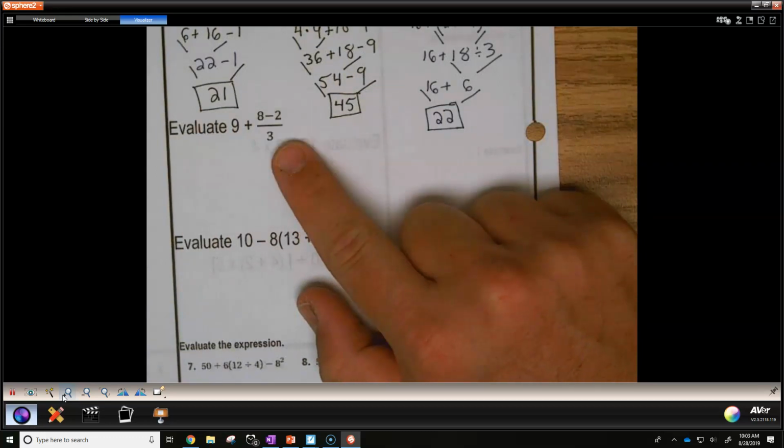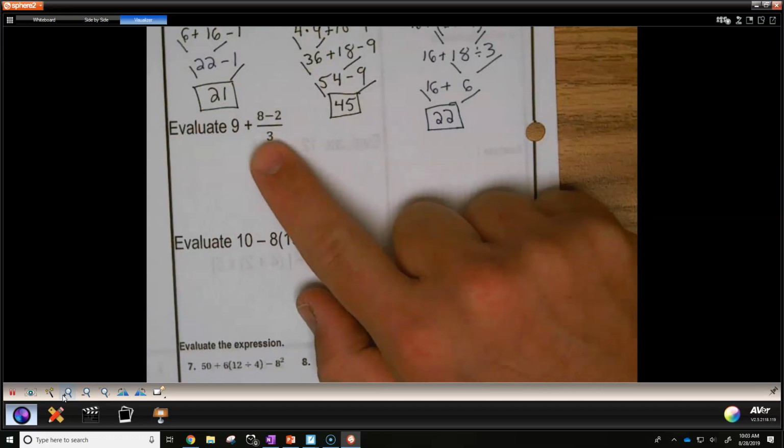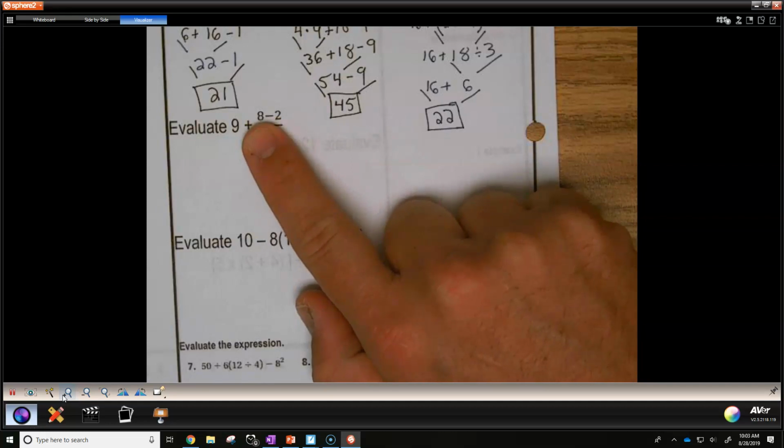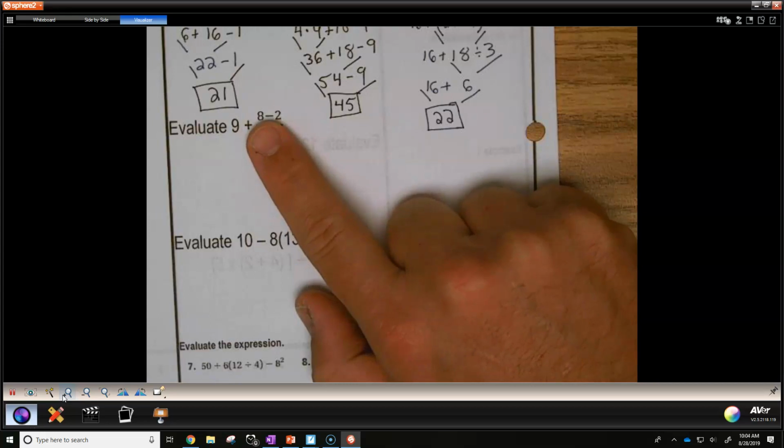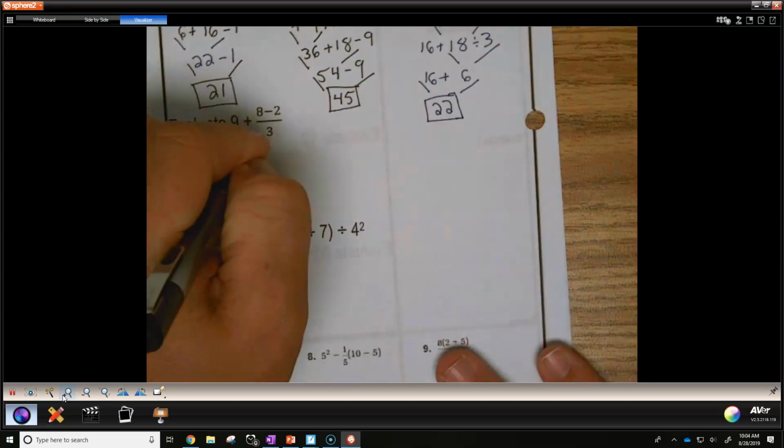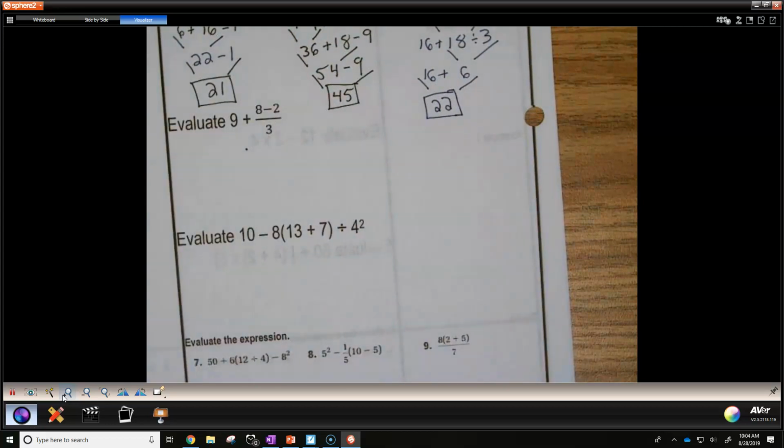Now, the first thing we have to do is look at the numerator. There's something going on with our numerator. I have 8 minus 2, so we're going to rewrite this problem. I have to do that first, okay? So in my fraction, I have to do that first. What makes sure that I do that problem before anything else? We put parentheses. Good job, Elizabeth.